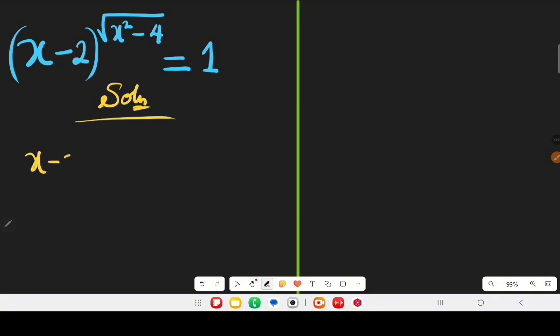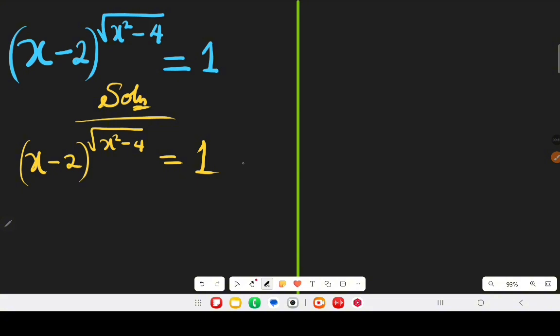(x − 2) raised to the power of the square root of x² − 4 equals 1. Now we use the law of indices that states that anything raised to the power of 0, except 0, is equal to 1.